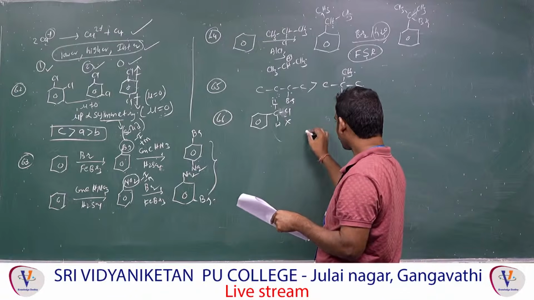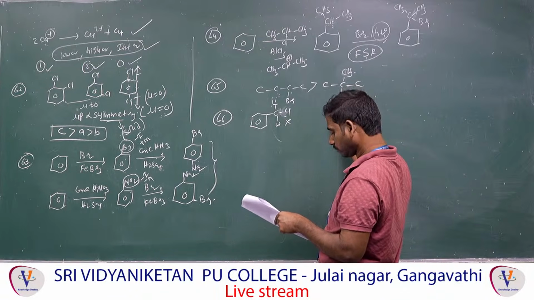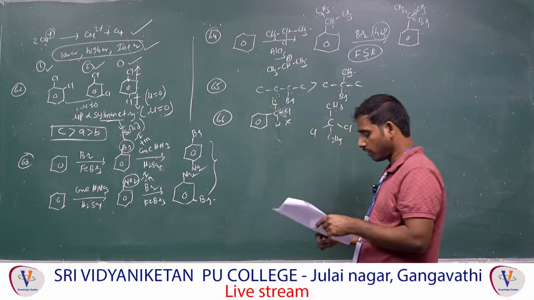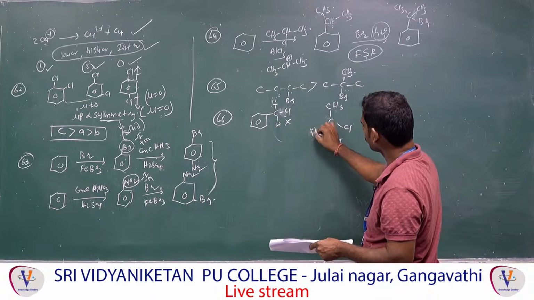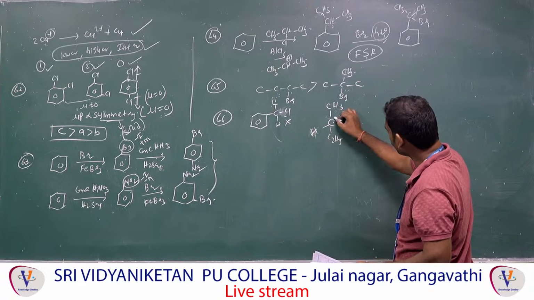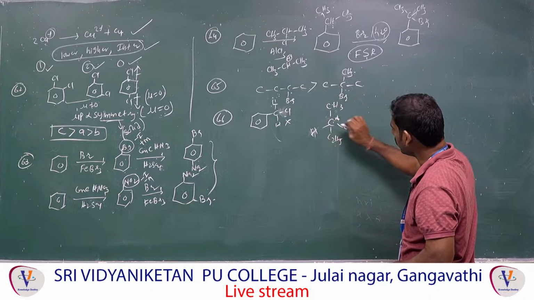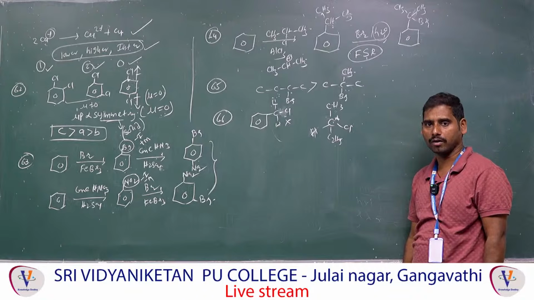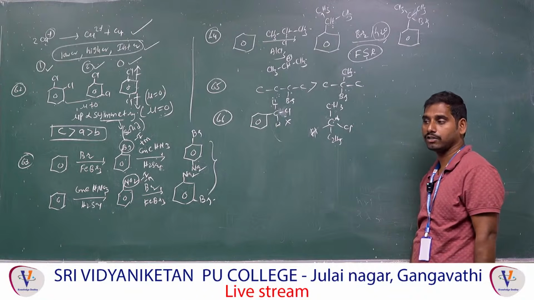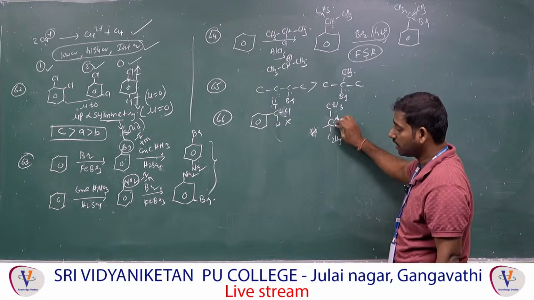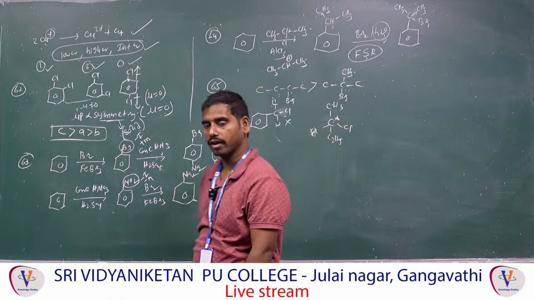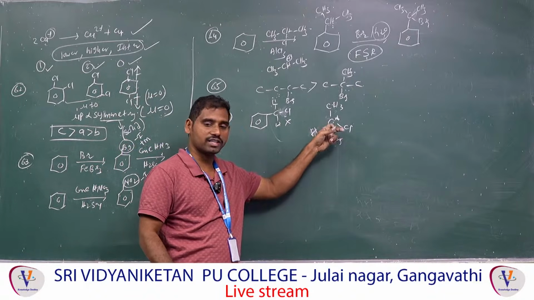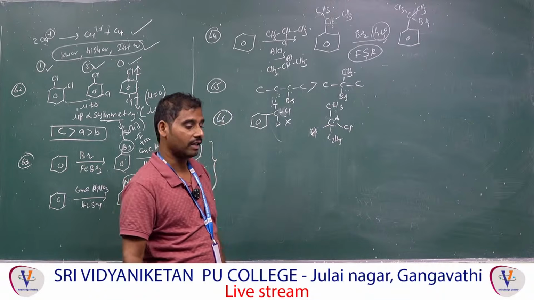That's why it does not undergo racemization. Now observe the fourth option: CH3, C2H5, Cl and H. This carbon is surrounded by 4 different groups: CH3, C2H5, Cl, H. A carbon attached to 4 different groups is called a chiral carbon, also called an asymmetric carbon or stereocenter. If a chiral carbon is there, it undergoes racemization and gives the racemic mixture, one D form and the other L form.